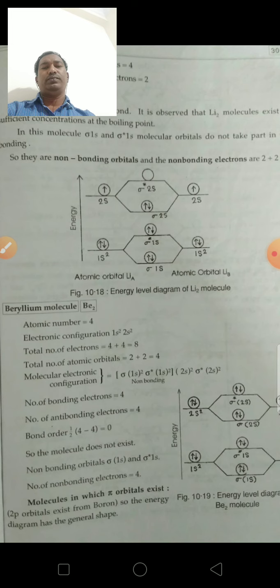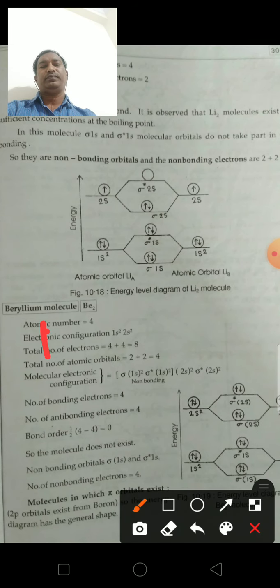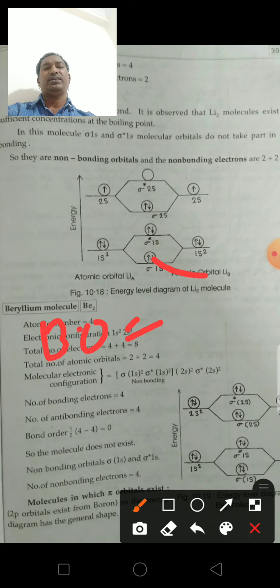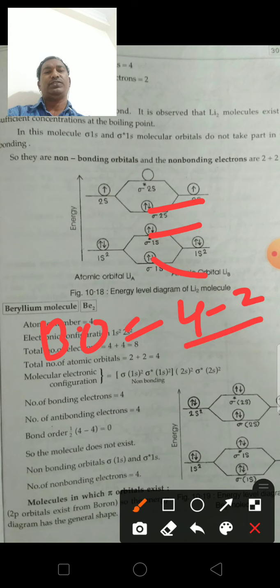So now the bond order. BO is equal to the bonding electrons, total 4, minus the anti-bonding electrons, which are 2, divided by 2. So 4 minus 2 by 2, that means 2 by 2, which means 1.